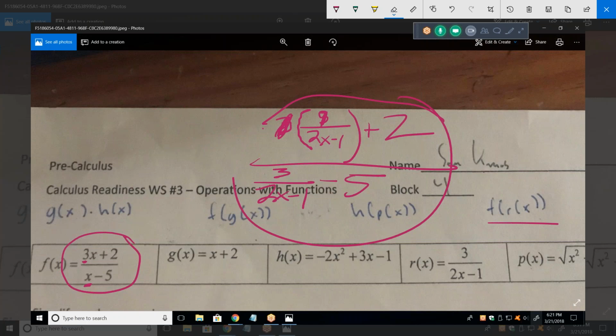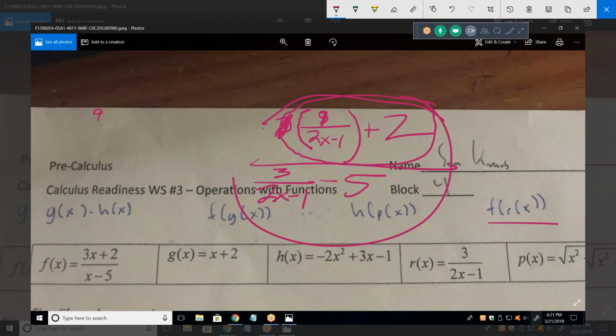Here what I have to do is operate on the numerator first. And I want to find a common denominator. What's my common denominator going to be? The 2x minus 1.